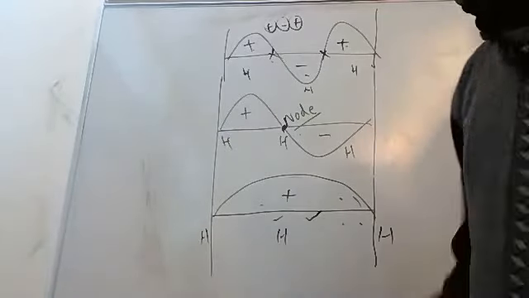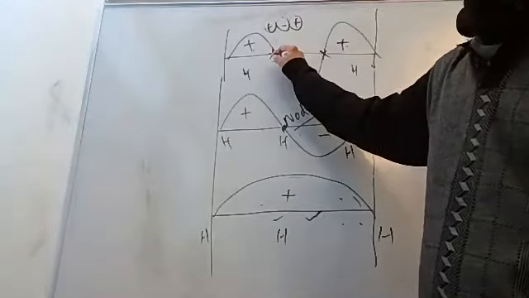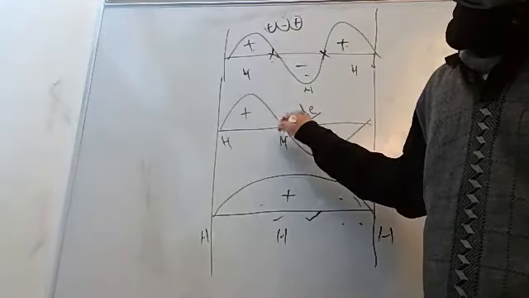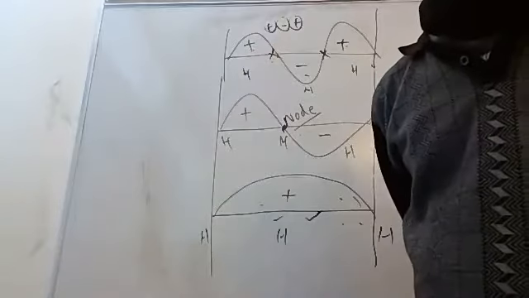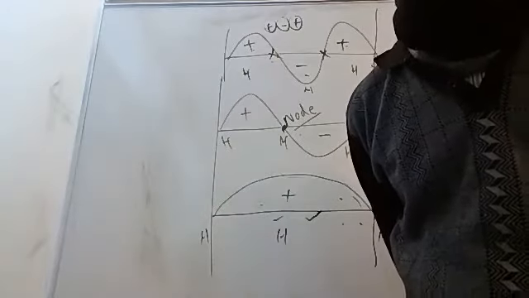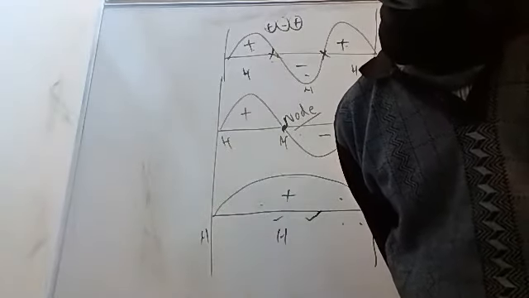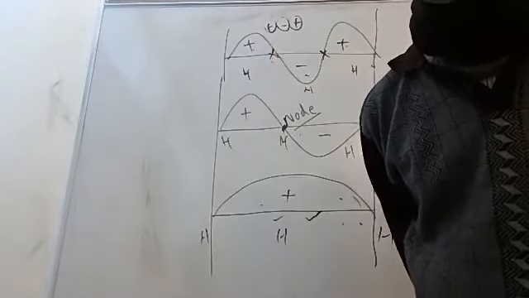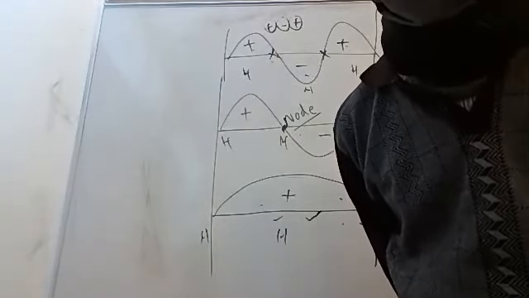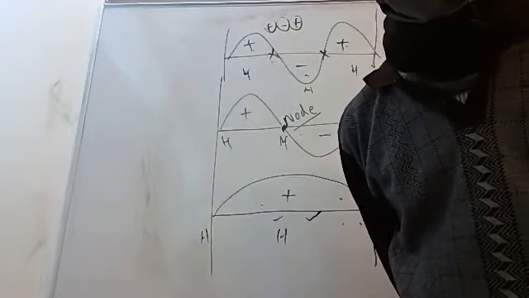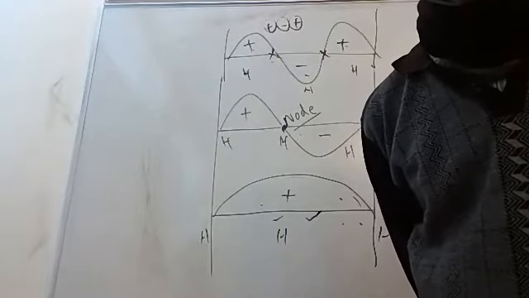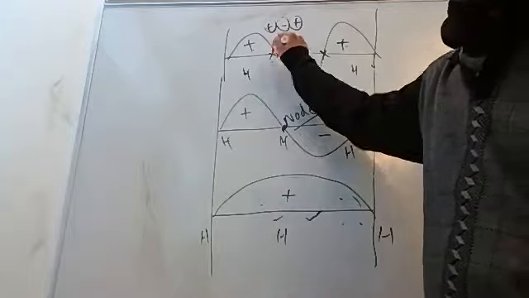You can also understand because the wavelength here is smaller compared to this, right? The energy and wavelength are inversely related. The smaller the wavelength, the higher the energy. Remember, E equals hc over lambda. So when lambda becomes small, E becomes higher. That's exactly what's happening here.